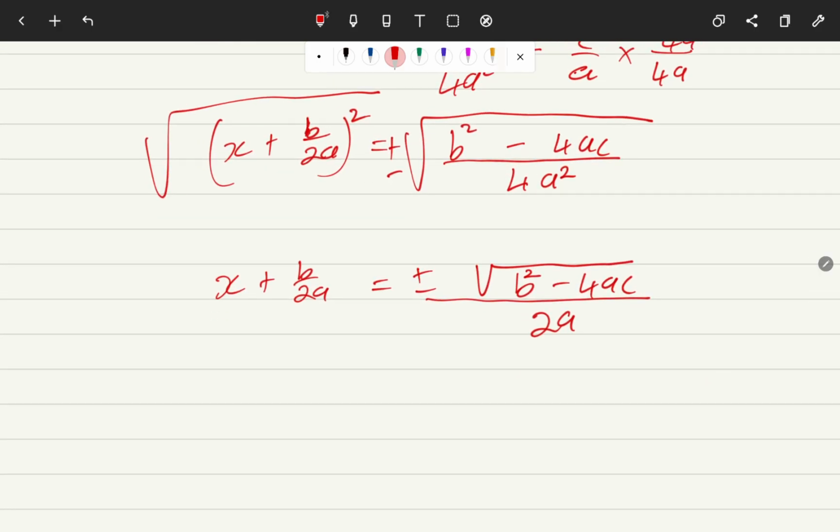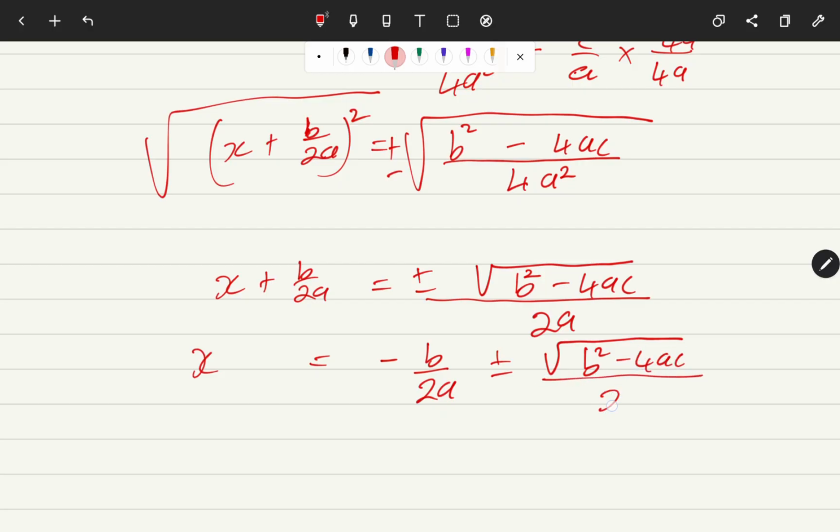So now we transpose the b over 2a. You have x equals minus b over 2a plus or minus the square root of b squared minus 4ac divided by 2a.